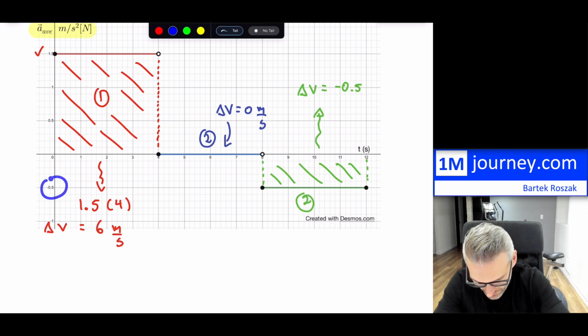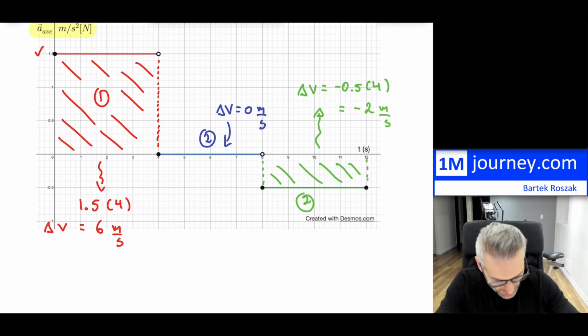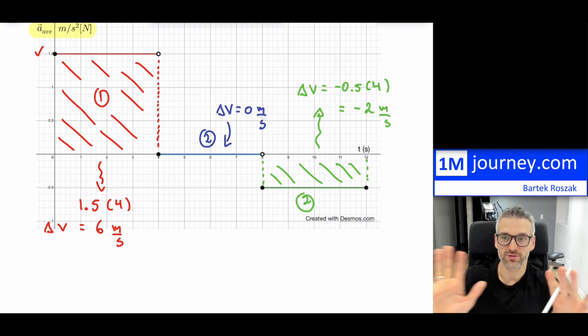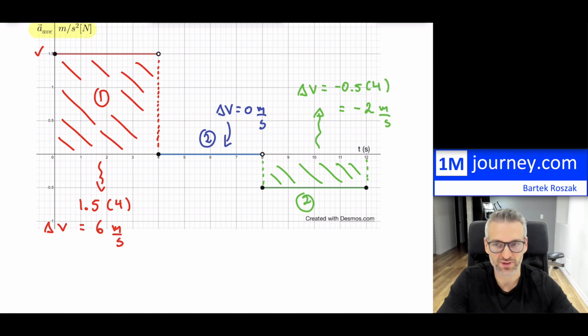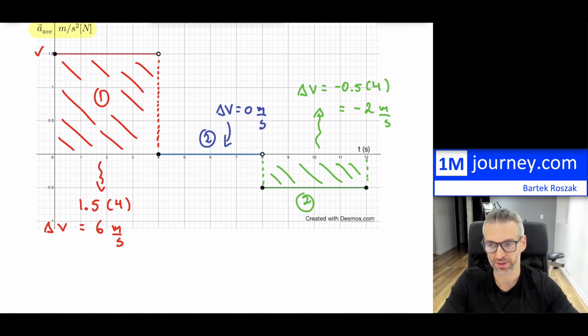And then that stretches out from 8 to 12, so 4 seconds. So this looks like it's negative 2 meters per second. That would have been the change right there. I'm disregarding any significant figures, because this is simply just a sketch so we can get a concept of what is happening.